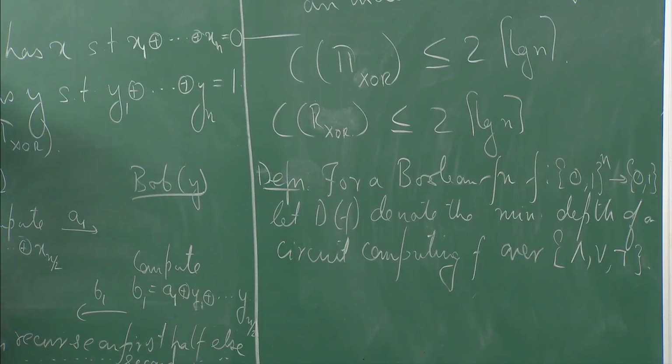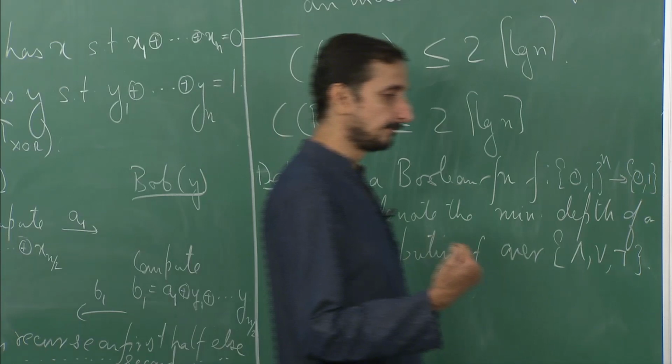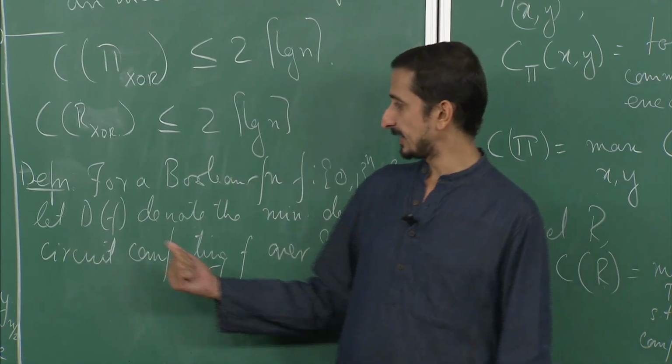We assume these are gates whose fan-in is bounded by 2. So d of f is the minimum depth circuit that computes f. So what can we say about d of XOR?